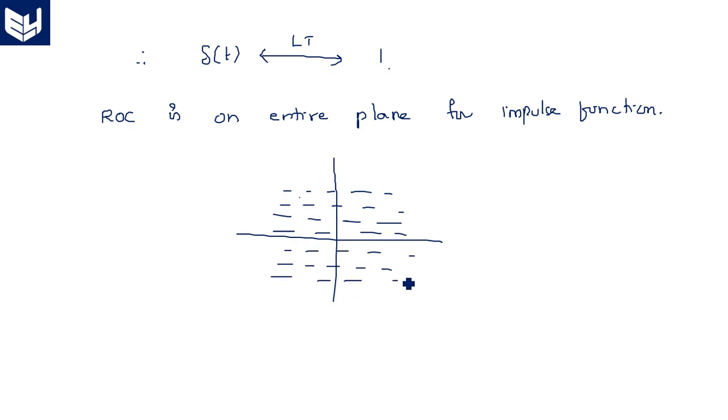The region of convergence is on the entire plane for the impulse function, because the result is 1. So the entire plane is like this. For any s, the region of convergence is the entire plane. This is the region of convergence, ROC. Here is j omega, and here sigma plus j omega is the function. So the region of convergence is for all s values.